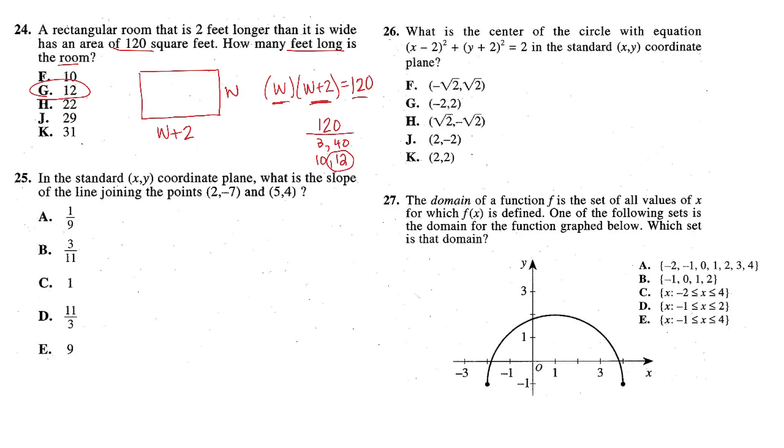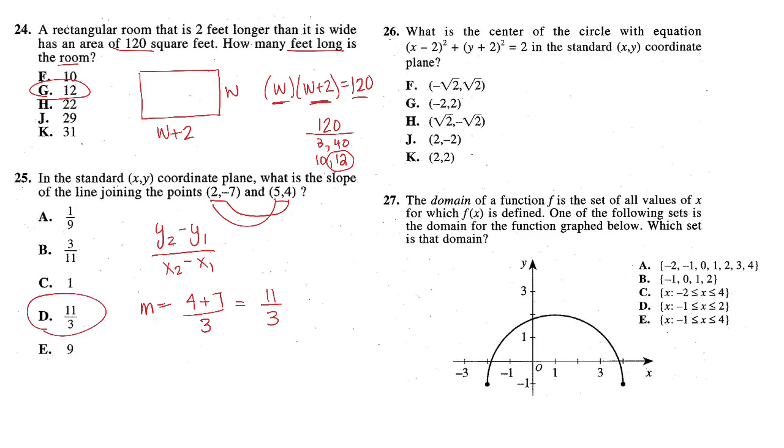We need to know the slope of the line. So our slope formula, y2 minus y1 over x2 minus x1. And here's our numbers. So the slope for this one, we're going to say 4 minus negative 7 over 5 minus 2. And so it looks like we're going to get 11/3.